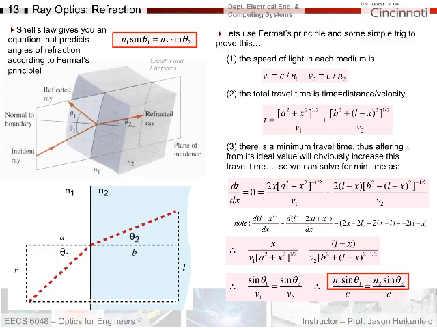And the speed of light here, V2, is the speed of light in vacuum divided by N2. Easy, right? Now, let's look at the total time that it has to spend along each of these path lengths. So I've got L, I've got X, A, and B. And remember, Fermat's principle is going to say spend the least amount of time. So let's calculate for these parameters how much time it would spend.